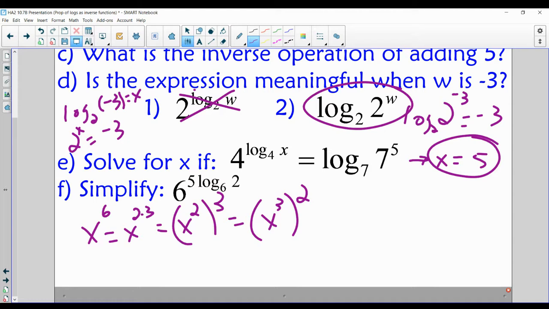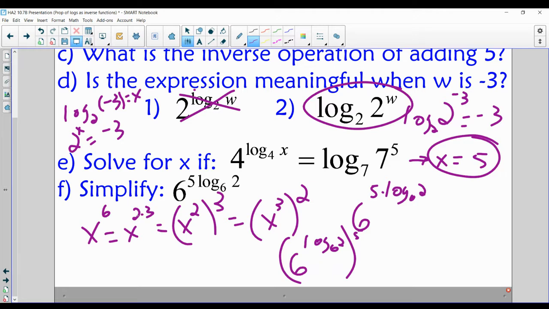I'm going to do the same idea here. I'm going to take this 6 when I have 5 times log base 6 of 2, flip it around, and do 6 to the log base 6 of 2, to the 5th. Same thing that I just did over here.